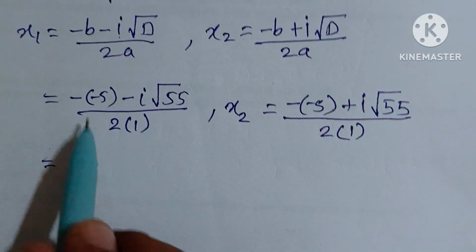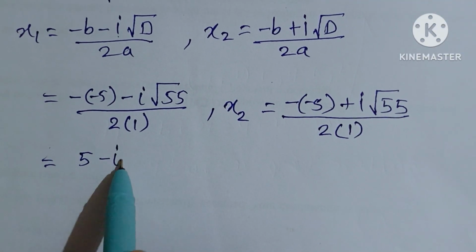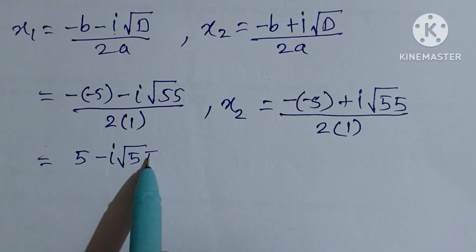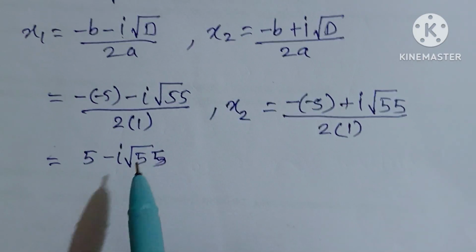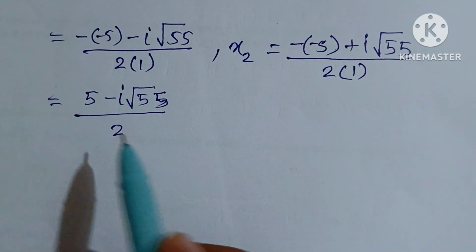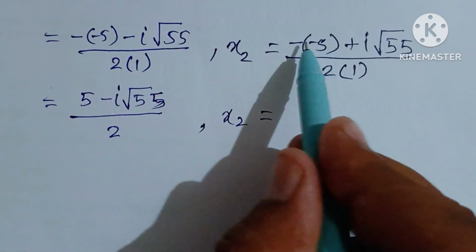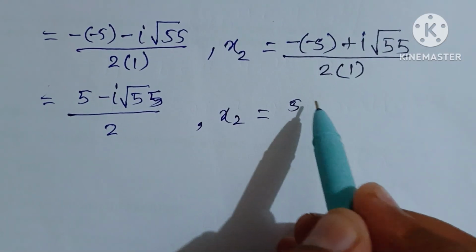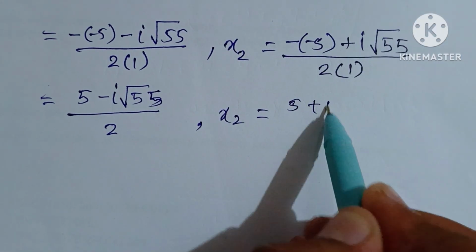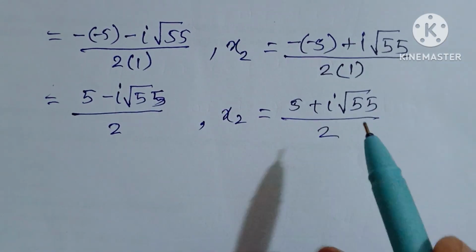So minus 5 becomes plus 5: x1 equals 5 minus i root 55 divided by 2, and x2 equals 5 plus i root 55 divided by 2.